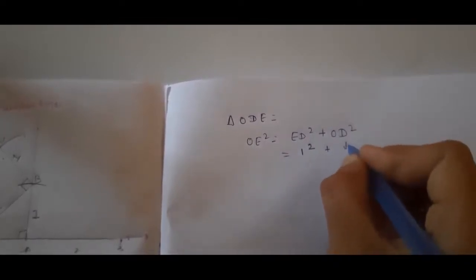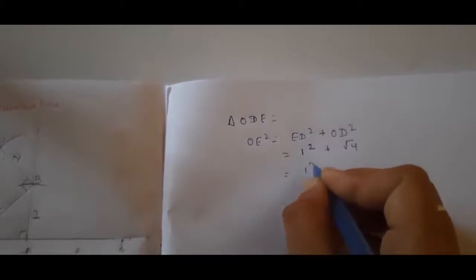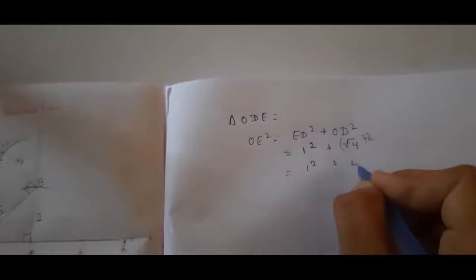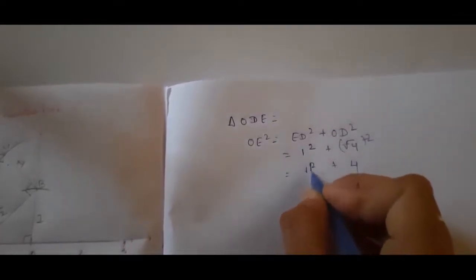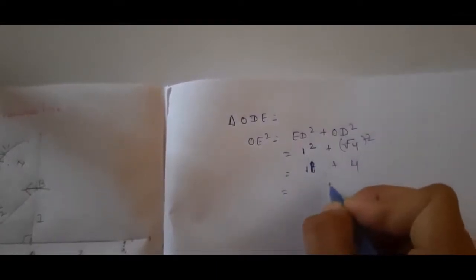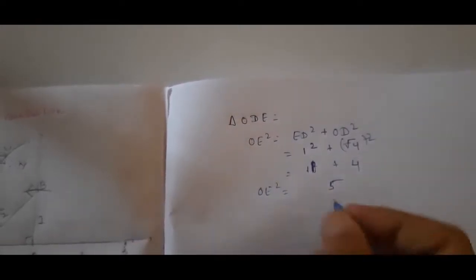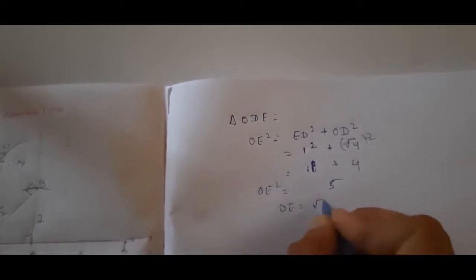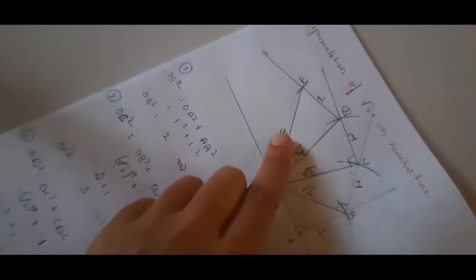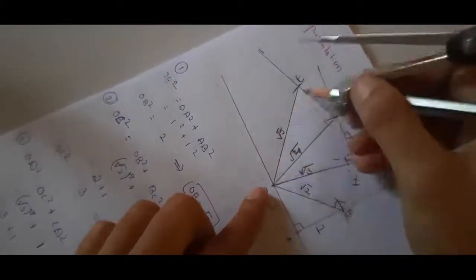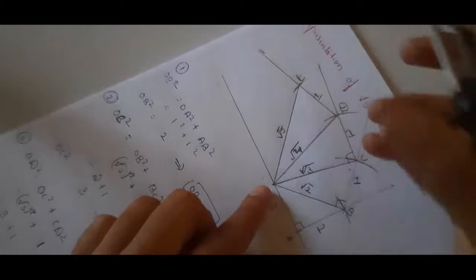OD is root 4, so OD square, the root and square cancel, left with 4. 1 square is nothing but 1. 1 plus 4 is 5. OE square we got 5. OE means what here? Root 5. But it is above the line, so we have to mark it on the number line.